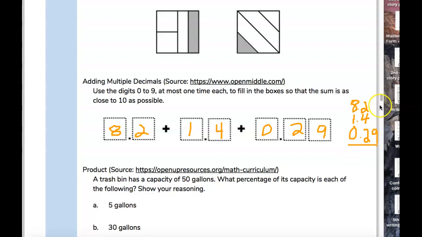All right, so now you can put these zeros in here as place values. That part doesn't matter. So 9 plus 0 is 9. 4 plus 2 is 6. Plus 2 is 8. And then 8 plus 1 is 9. And then when you add, you just bring down the decimal point. So you can see that that's really, really close to 10.